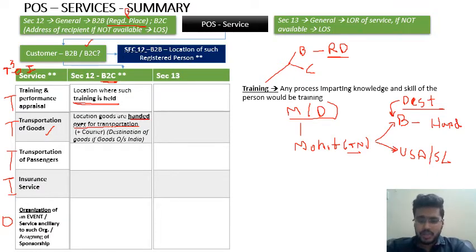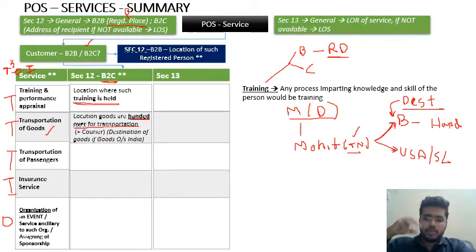So in our example, it is being taken from Tamil Nadu to Bombay, right? In that case, where it is handed over for transportation, guys, is Tamil Nadu. The person from Delhi is taking the goods from Tamil Nadu and delivering it to Bombay.